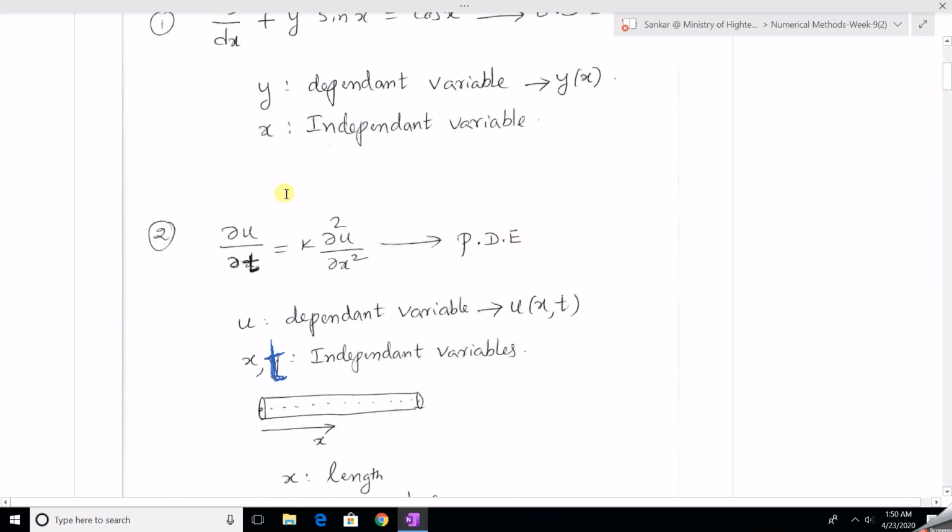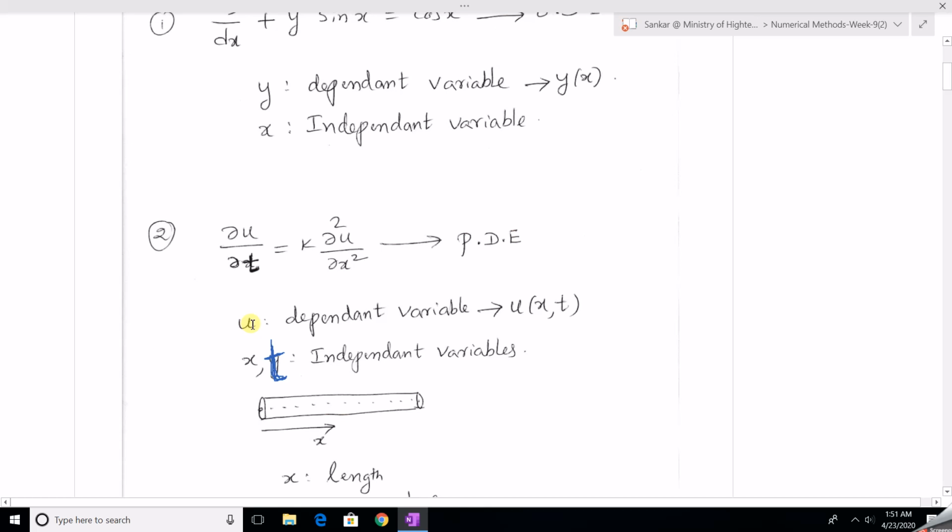Now if you look at another equation, dou u over dou t is equal to k times dou square u over dou x square. So this is a partial differential equation because if you look at the variables u, t, x, these are the variables, and u is the dependent variable, x and t are the independent variables.